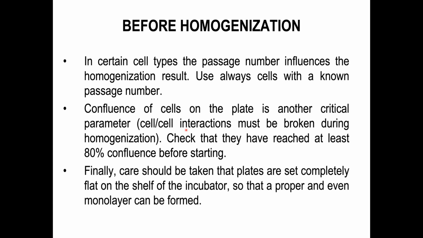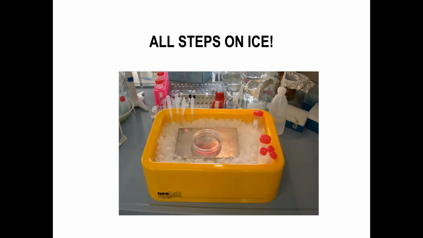Usually you seed your cells after trypsinization in fresh medium with a pipette on the plate, and then carefully transfer this plate back into the incubator and make sure that it really sits flat on the rack and is not tilted or touching another plate. That can easily happen when you passage dozens of plates during the day, because then the cells would accumulate on one side and would not cover the entire surface. So just simple tricks, take care about the quality of your cells.